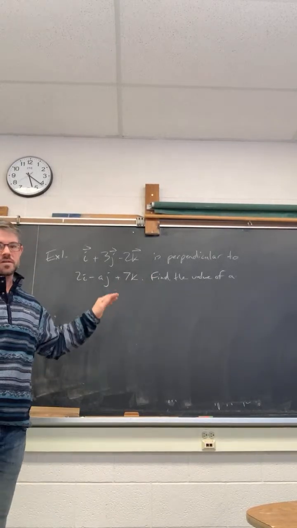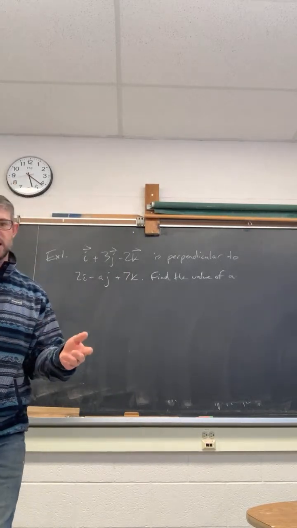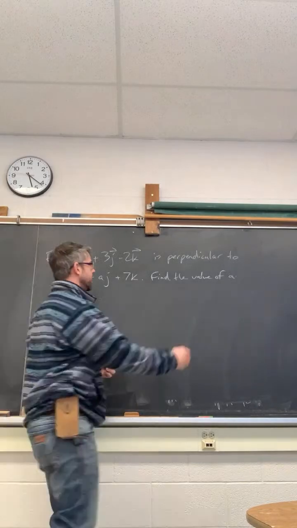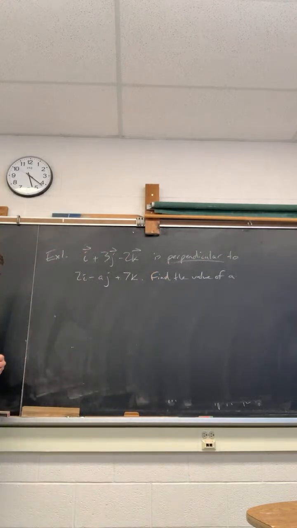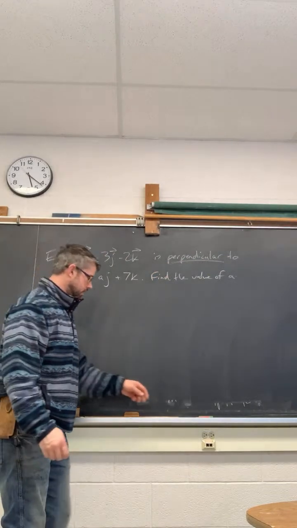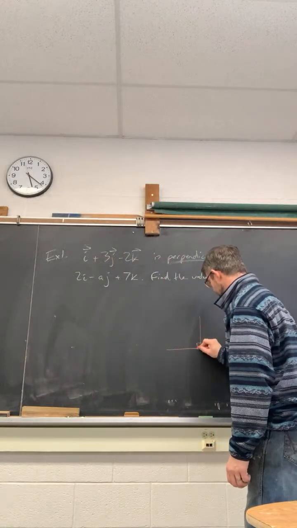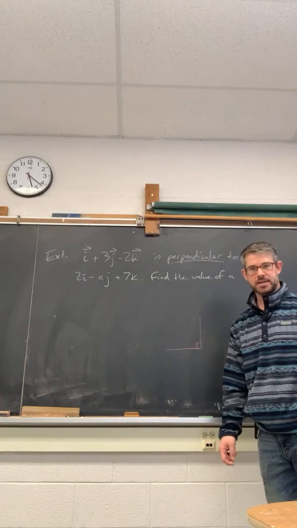So I skipped over some of the easier examples. We did do one easier example before, but now we're going to talk about probably the most useful finding of the dot product, which is the ability to classify things as being perpendicular or not perpendicular. When things are perpendicular, that means that they exist at right angles, right? So the angle between these two things would be pi by 2.